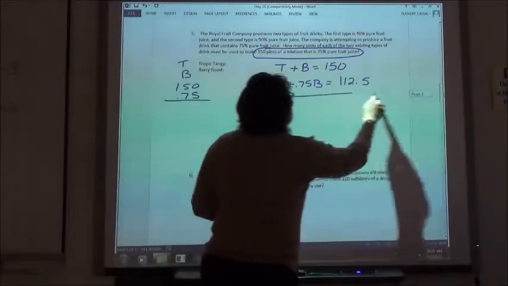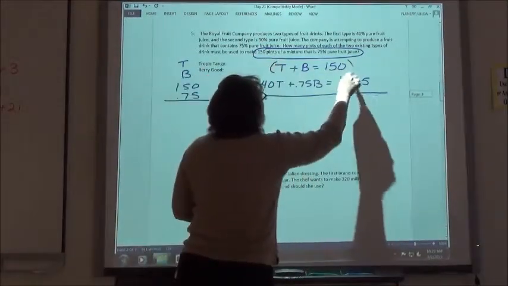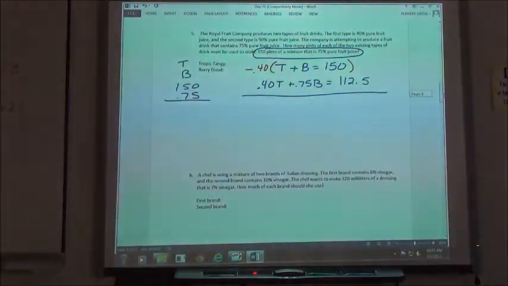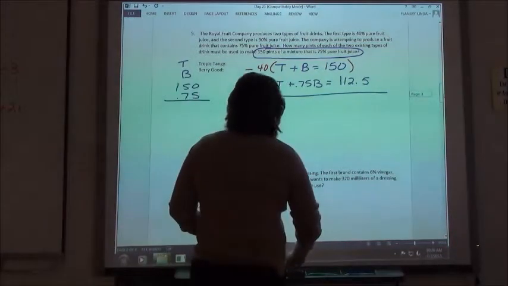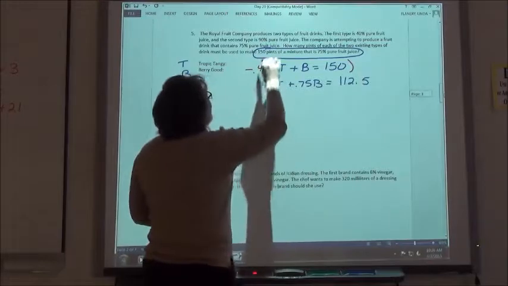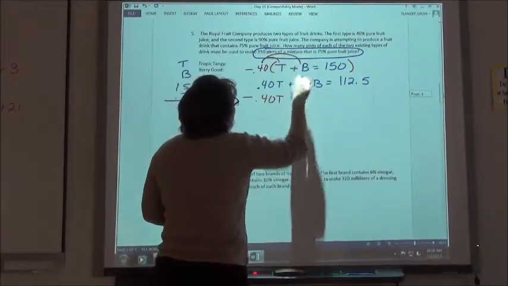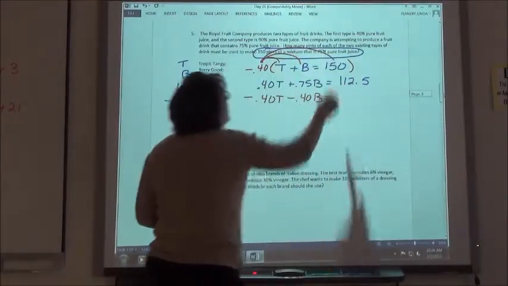So if we want to solve this by the addition method, we're going to take our top equation times negative 0.40 so that we can make opposites. Multiplying that out, negative 0.40 T, negative 0.40 B equals, what's negative 0.40 times 150?